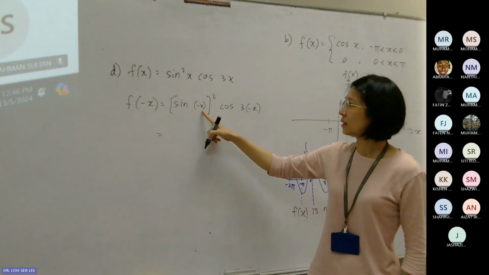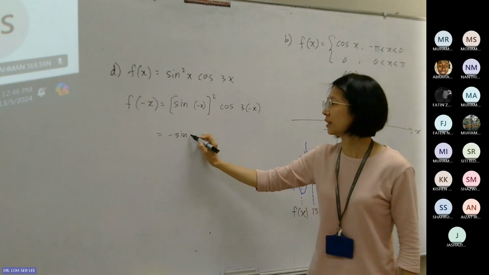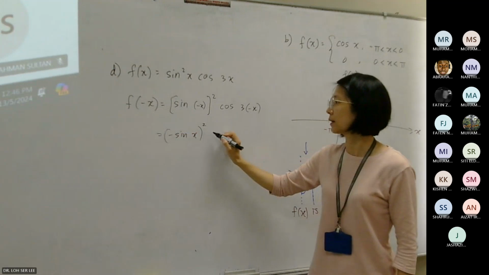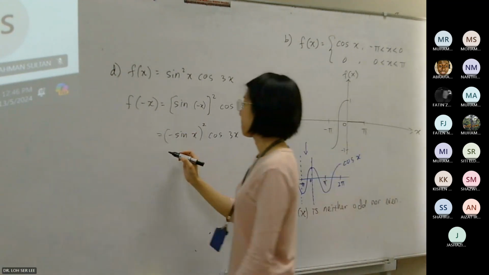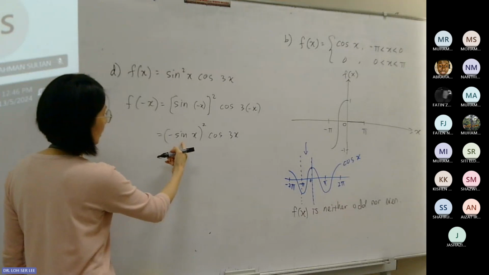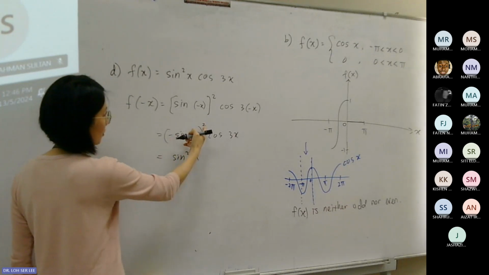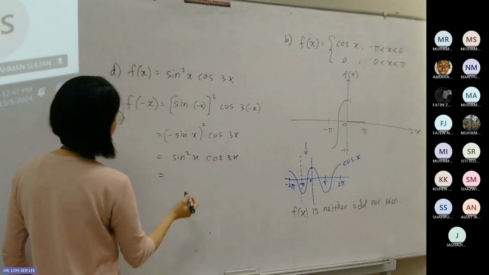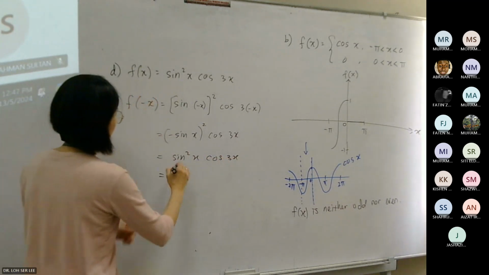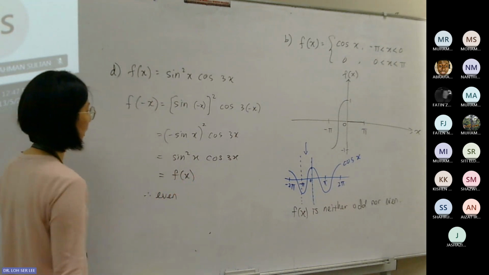So this one, we have negative sine x squared, cos 3x. So this means sine square x, right? Negative square cos 3x. So this is f(x). Even.